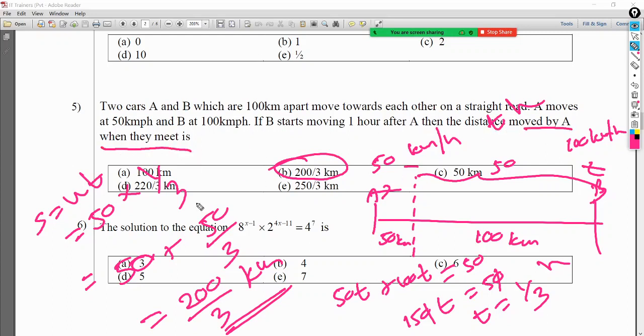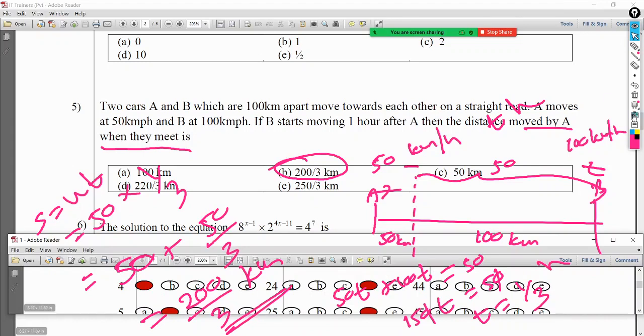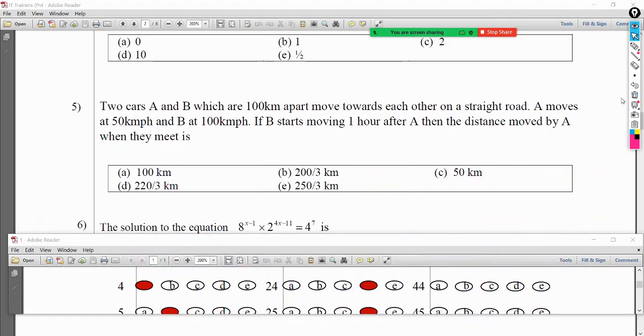So here we got 50 divided by 3, but during the first hour this guy has traveled another 50 kilometers, so we have to add that. So the answer is 200 divided by 3. Question 5, answer is B.